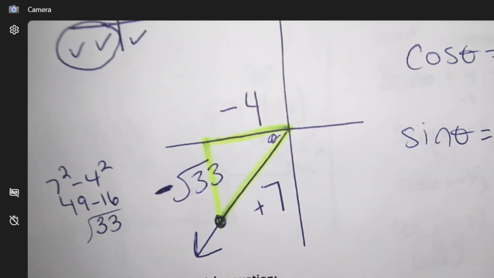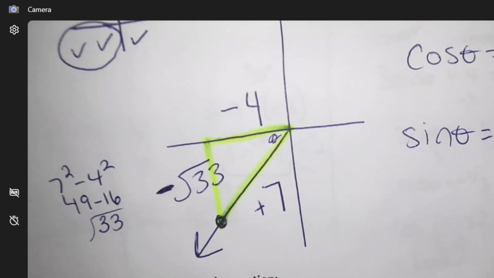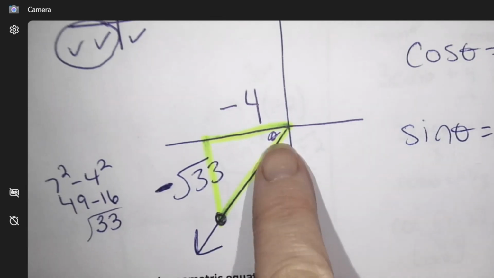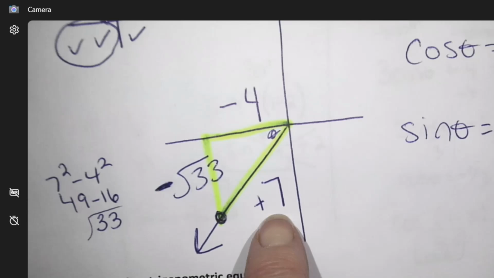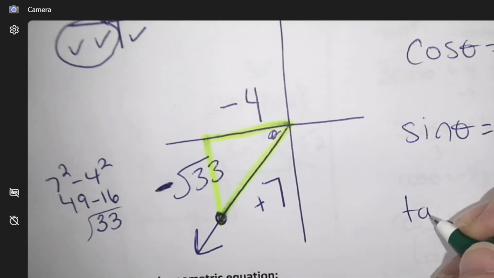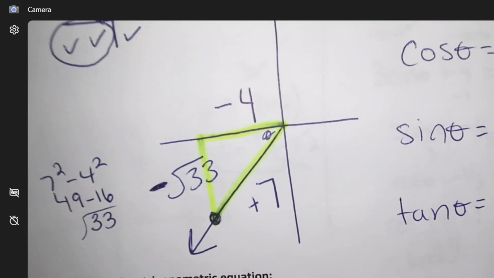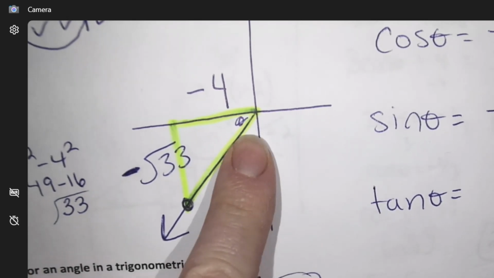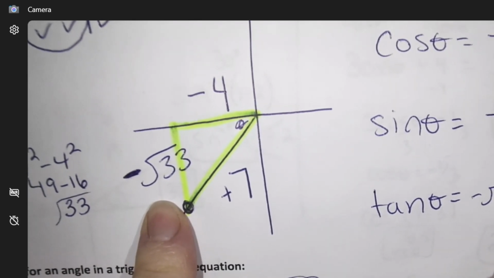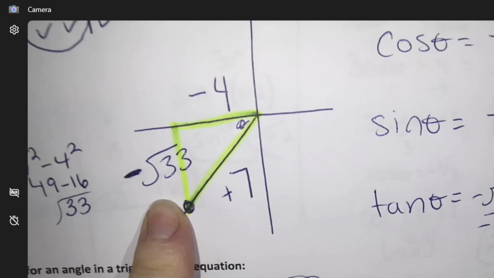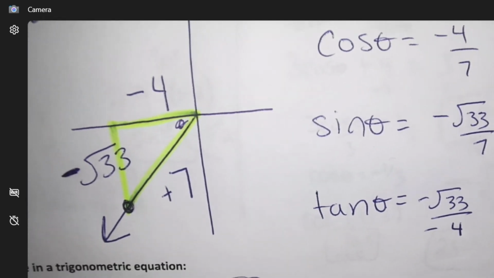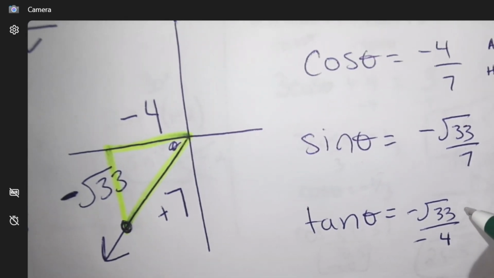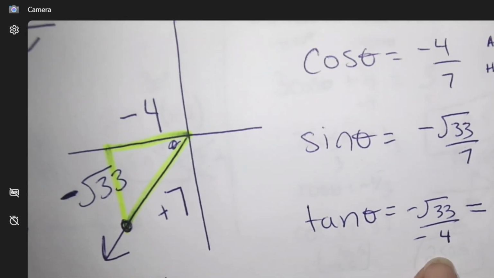Sine of the angle is -√33/7. Opposite over hypotenuse, or Y over R. And the tan of this angle, TOA, or Y over X. I will not leave it like that, though.